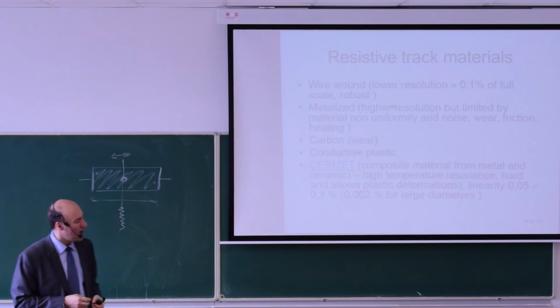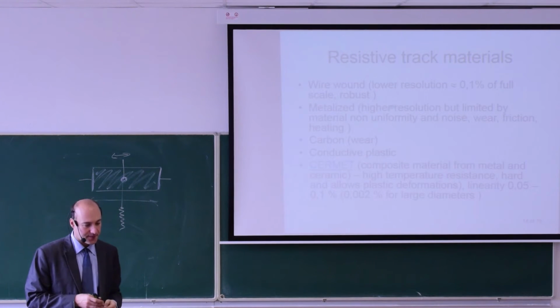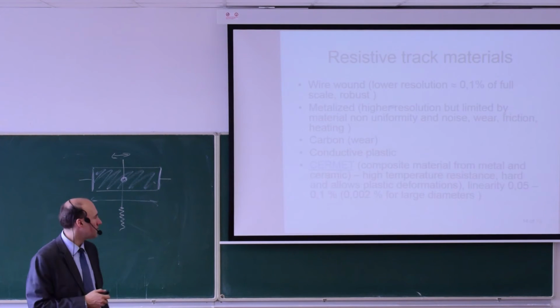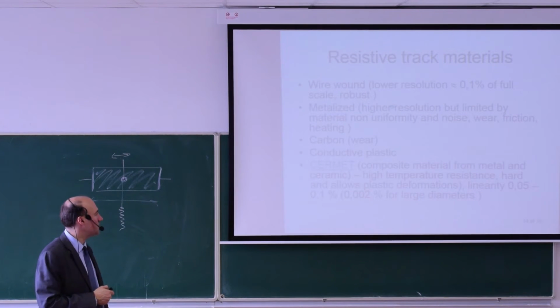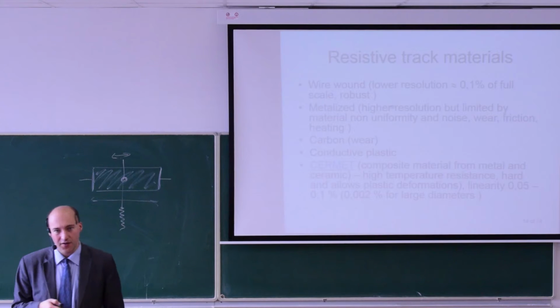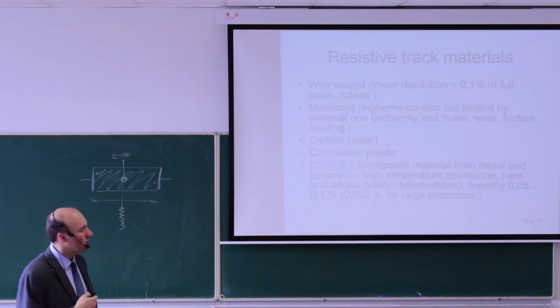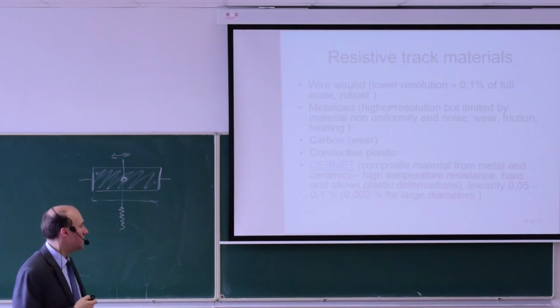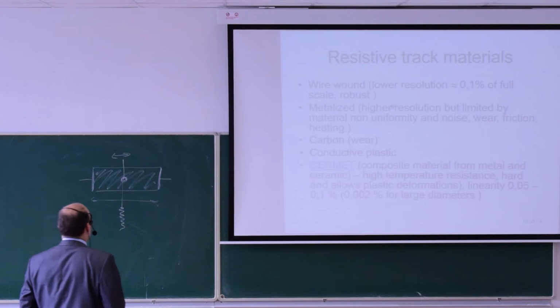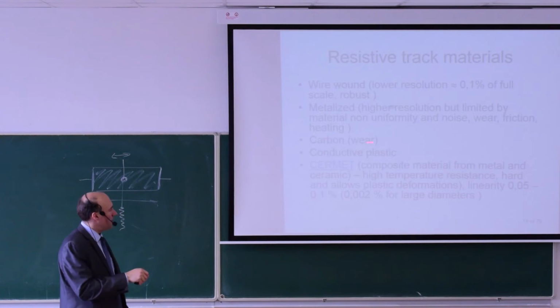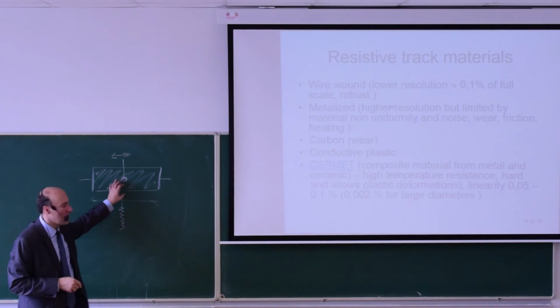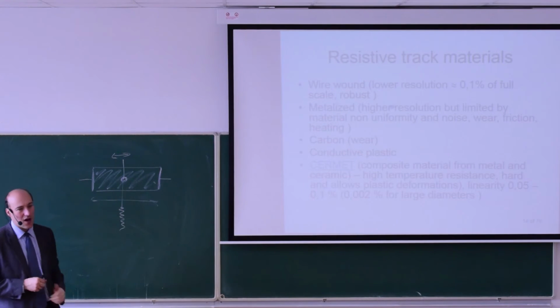Metallized layers are less expensive than the wire wound sensors. They have less inductivity, but they are not as robust as the wire wound sensors. You can also use carbon. This layer does not have to be metal, but it can be carbon.